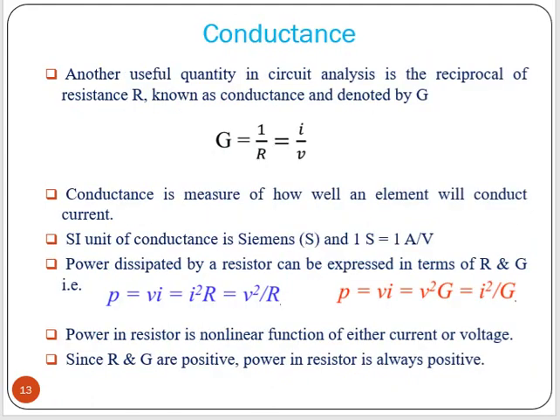Now, the next point is conductance. This is a useful quantity in circuit analysis. It is the reciprocal of resistance R, and is known as conductance. So G equal to what? 1 by R, or we can write I by V. Okay.